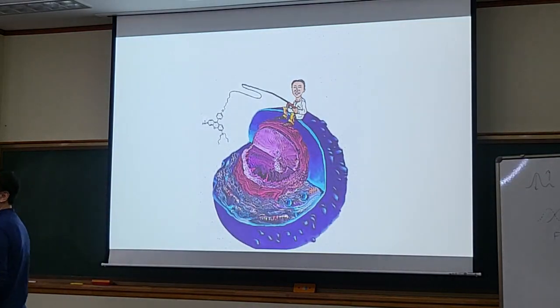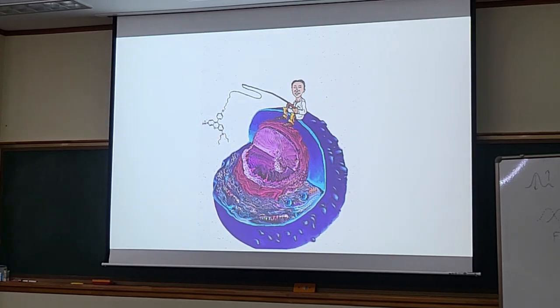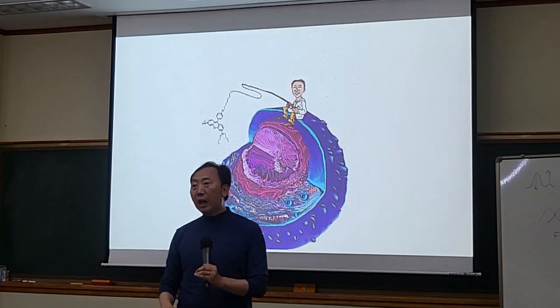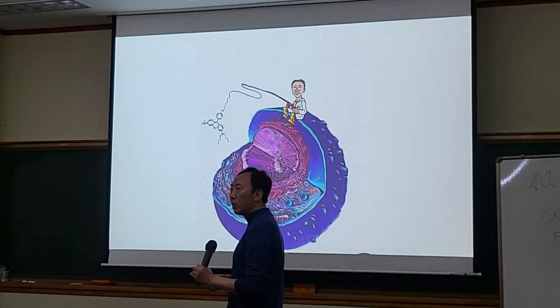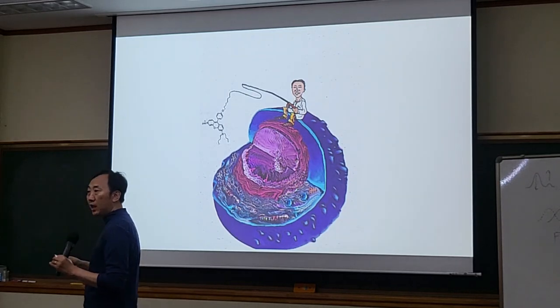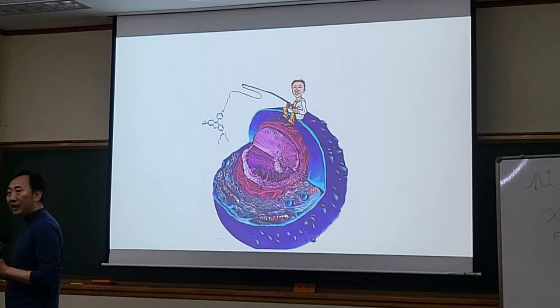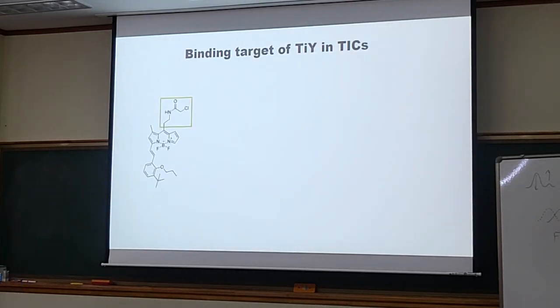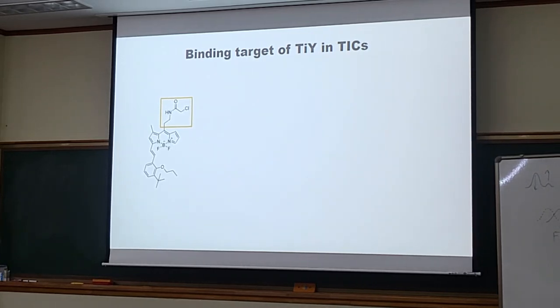So we thought we could do better because our compounds are not drugs. These are fluorescence molecules, and we already demonstrated the molecule goes into the live cell without disturbing the original function of the tumor initiating cell, still alive and active, and then binds to the target. So maybe this one molecule structure is this fluorescence part, and this part is the chemically active motif, chloroacetyl group, which can bind to cysteine by forming covalent binding.